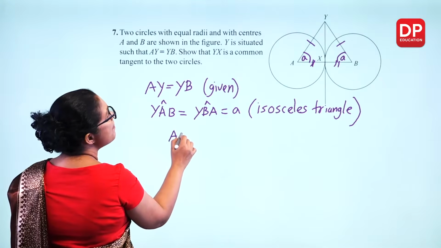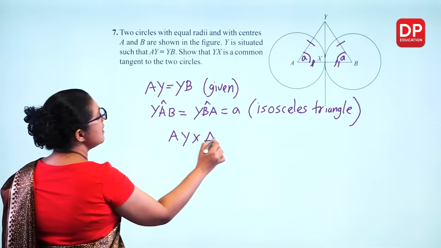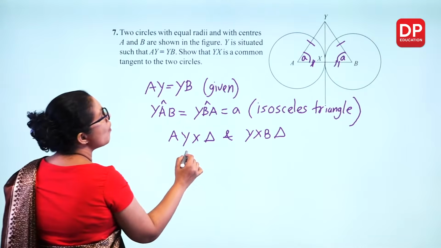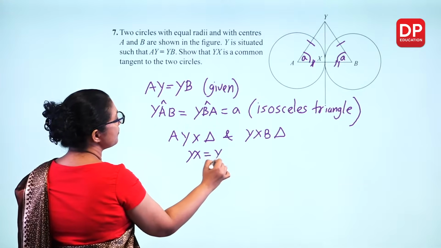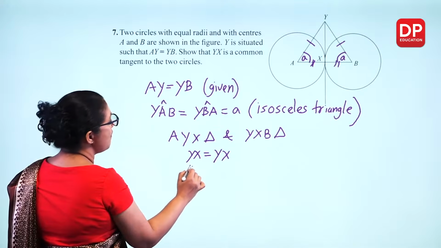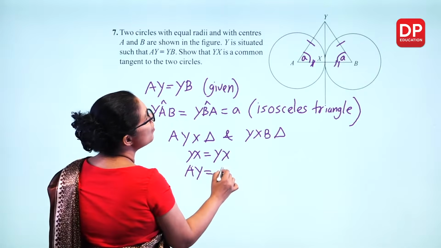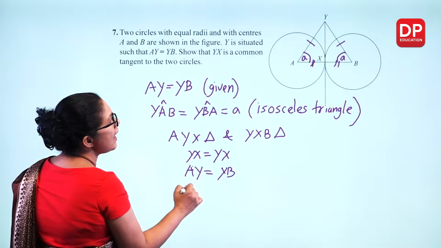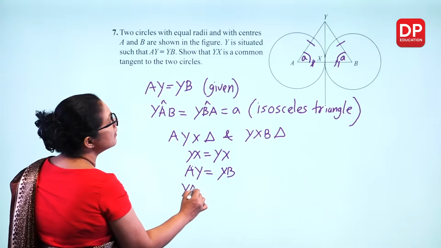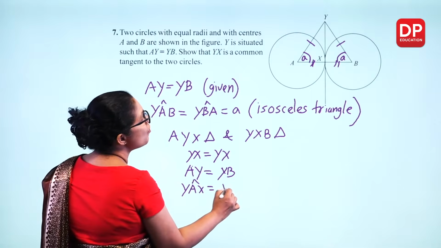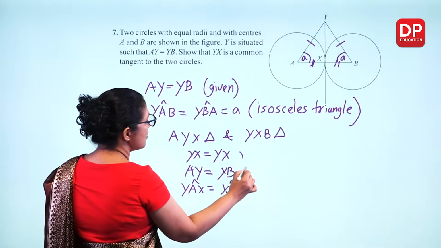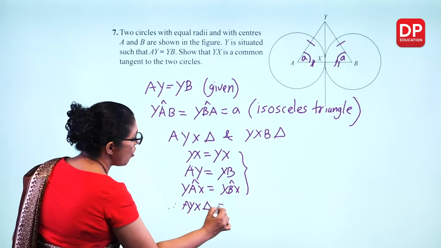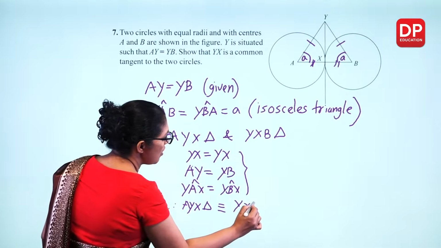Take triangle AYX and triangle YXB. YX is common. AY is equal to YB, and angle YAX is equal to angle YBX. So because of these three, we can say triangle AYX is congruent to triangle YXB.